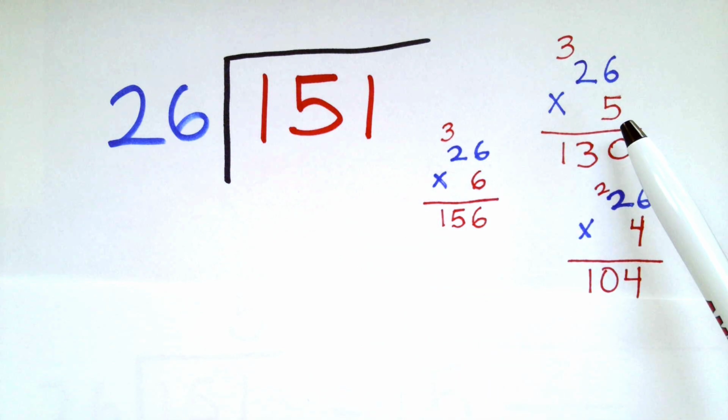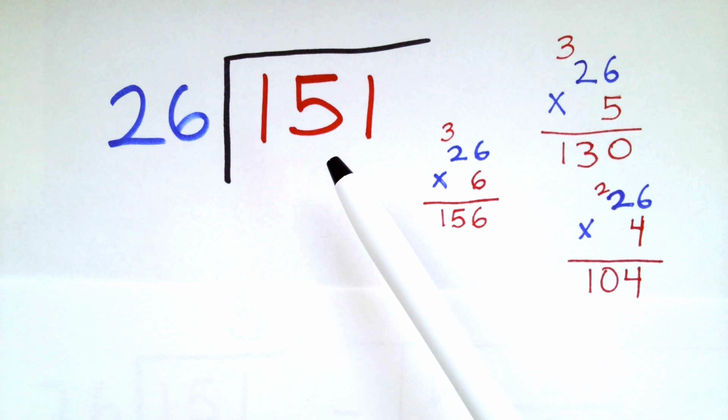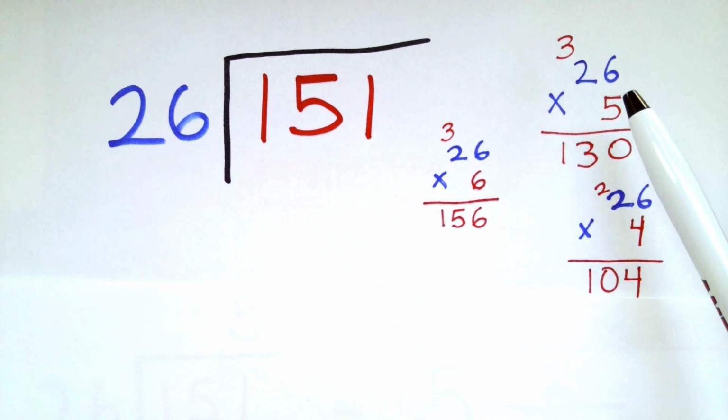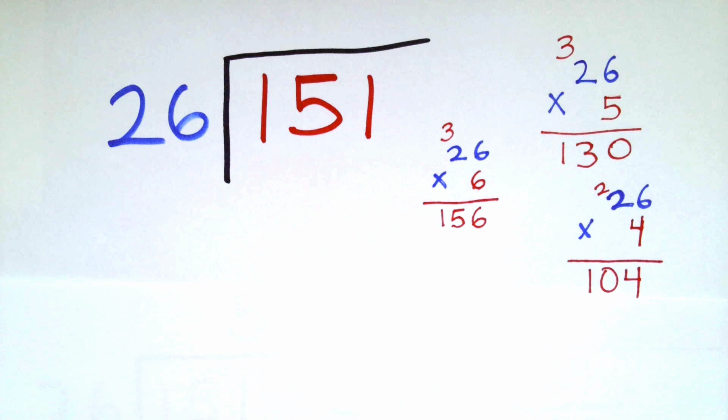And 5 is the closest to 151 without going over. So I'll use the product of 130 by multiplying 26 times 5. This method's called guess and check. A lot of times you'll use the guess and check method when you're not allowed to use a calculator.